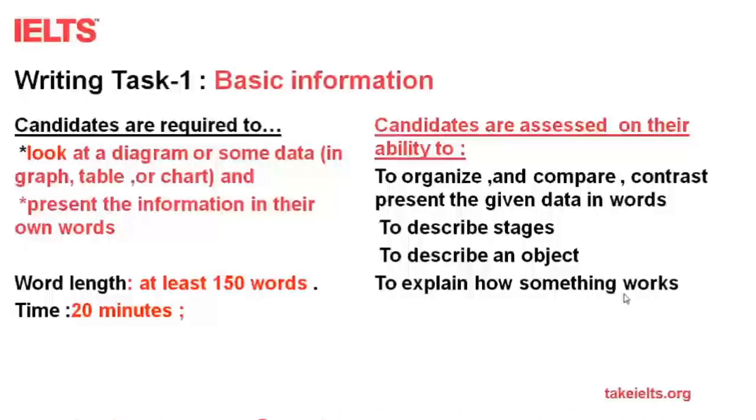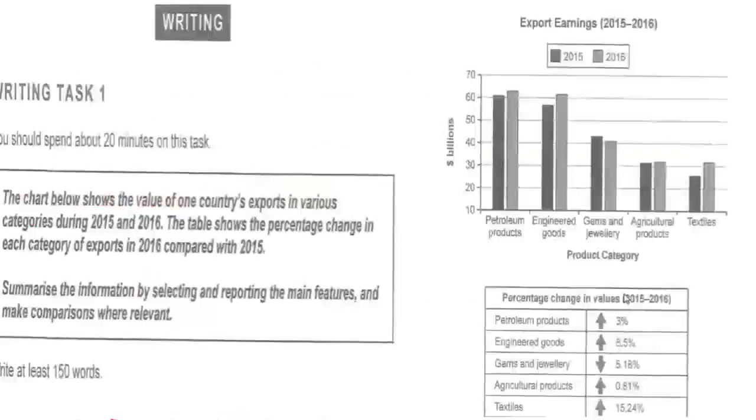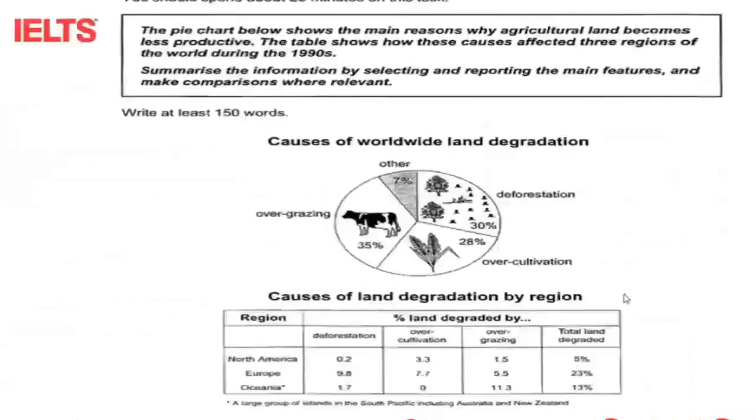These are more example graphs for you. I will not be reading them. Here you see a line graph, a bar graph, and a table chart. Here is another, a pie chart, a combination of two graphs together in the same question.